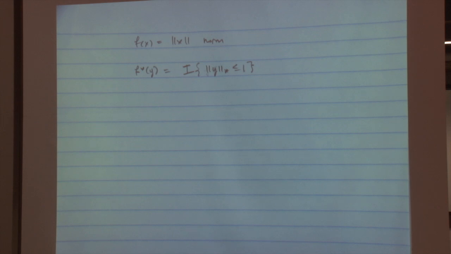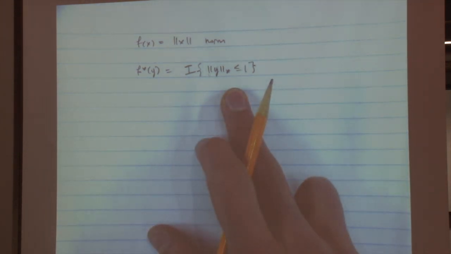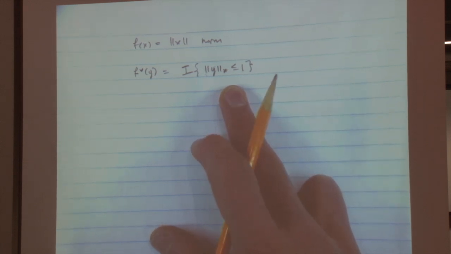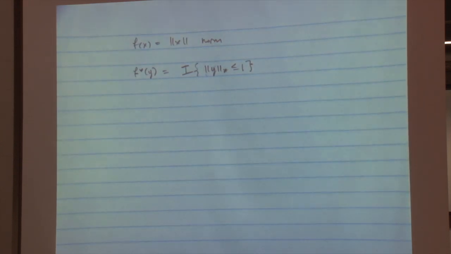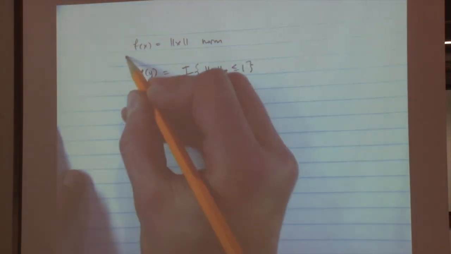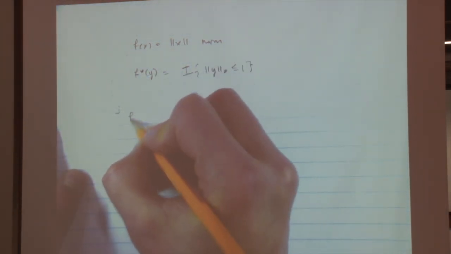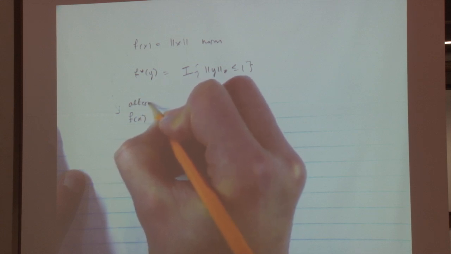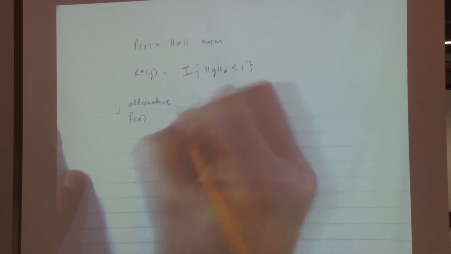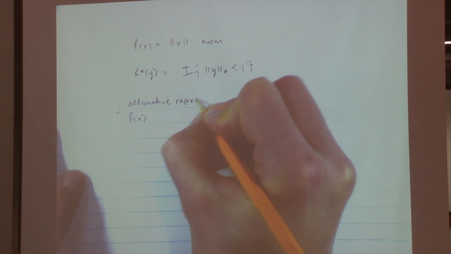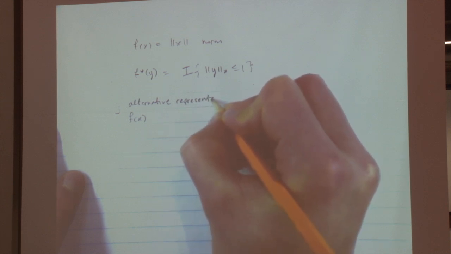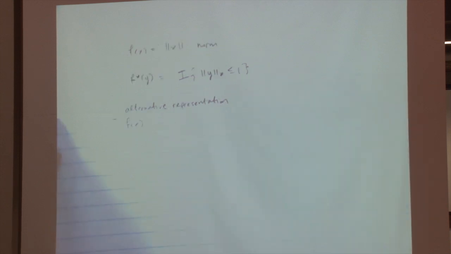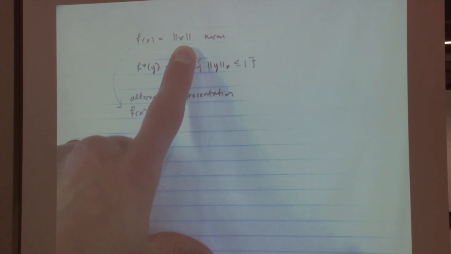Okay, I actually claim that this is not new. We could have gotten this from our last fact. How do we get this from our last fact? Let's connect a few of the pieces we've learned so far. F of x is a norm. What's another way of writing f of x for a norm? Hint, I claim this is the dual of something. This norm is the dual norm of something.